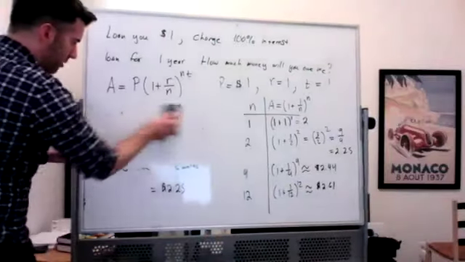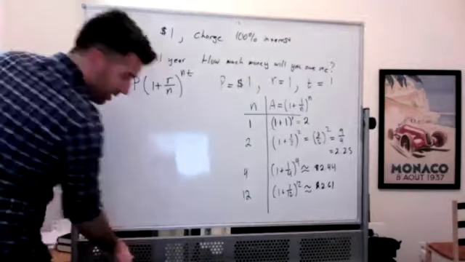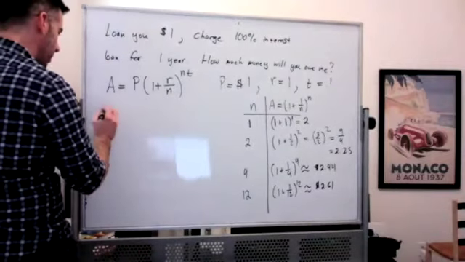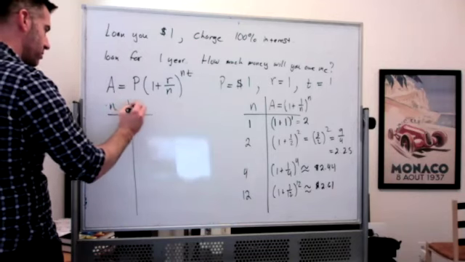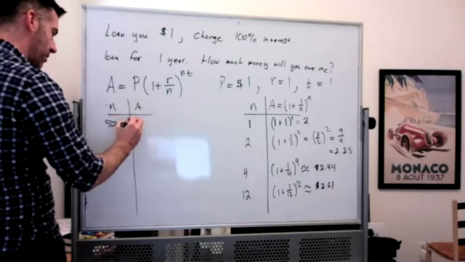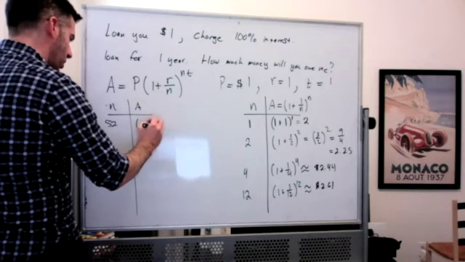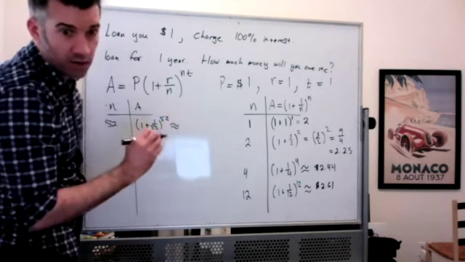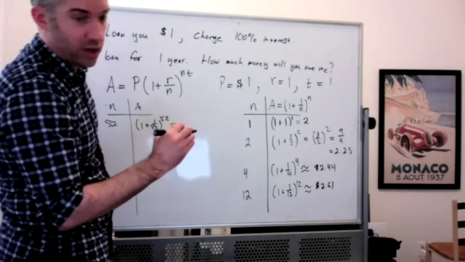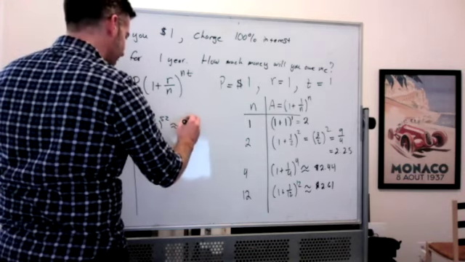Now let's continue on with our table here. If we compound it weekly, so n is 52, then the amount of money I'm going to get is 1 plus 1/52 to the 52nd power, which is approximately $2.69.